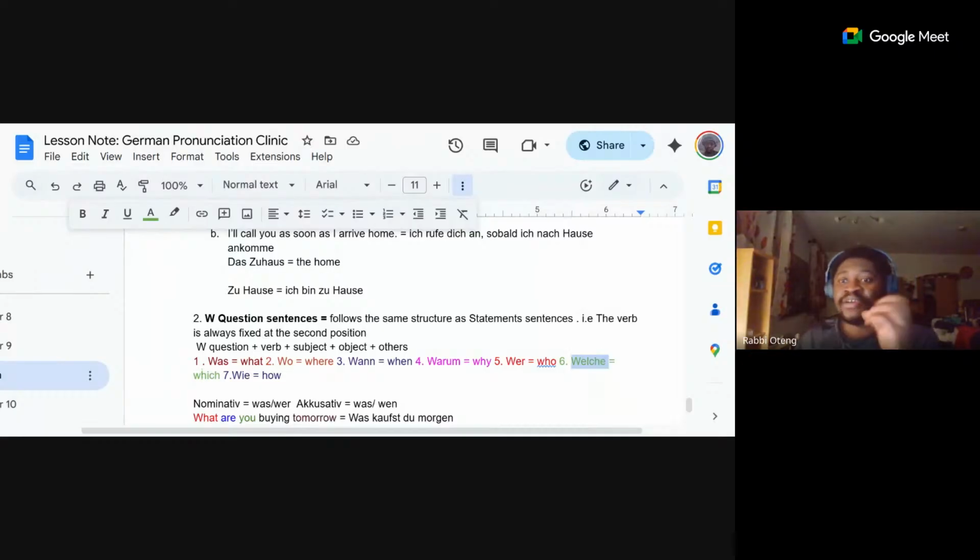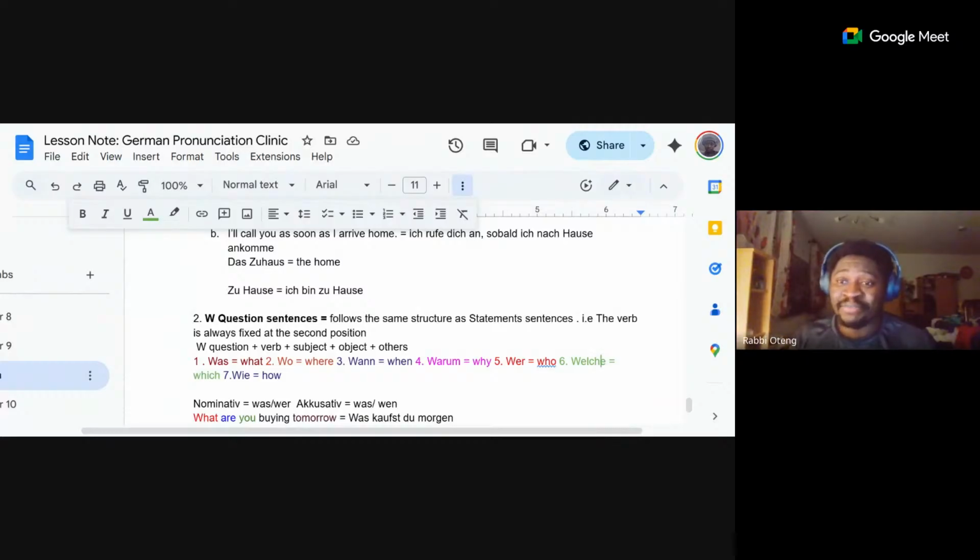So if I'm saying, which man do you see? Which man do you see? In this case, the man will be accusative, because I see the man.